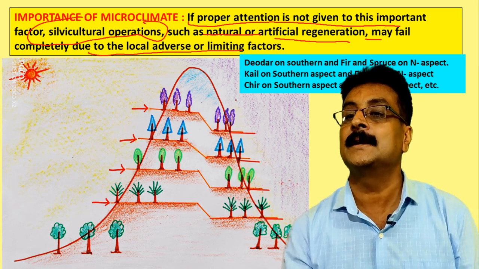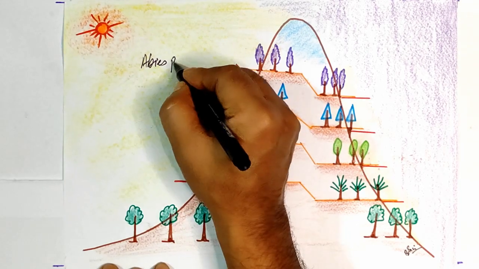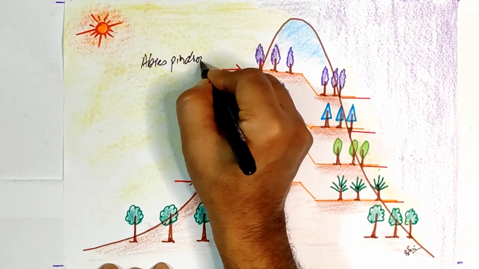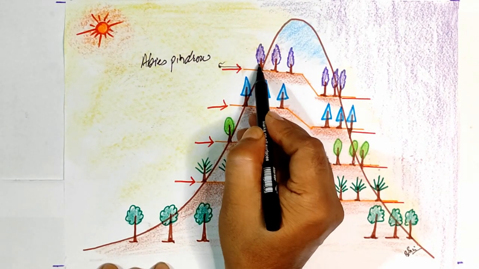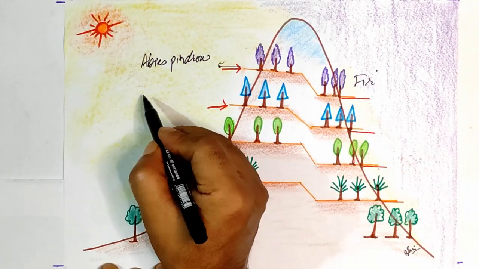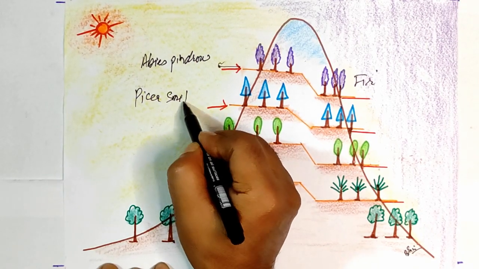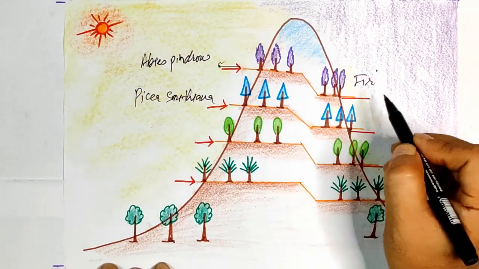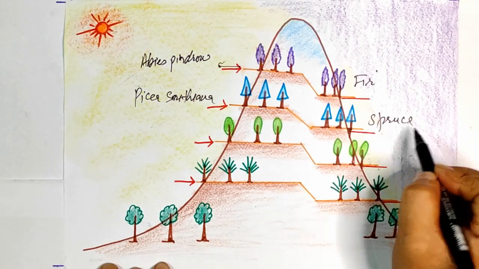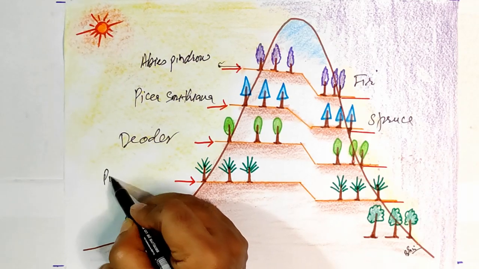Now, for example, let's see here, Abies pindrow, or we call it fir. Then Picea smithiana or spruce. Then next is Deodar. Then Pinus wallichiana, kale pine.